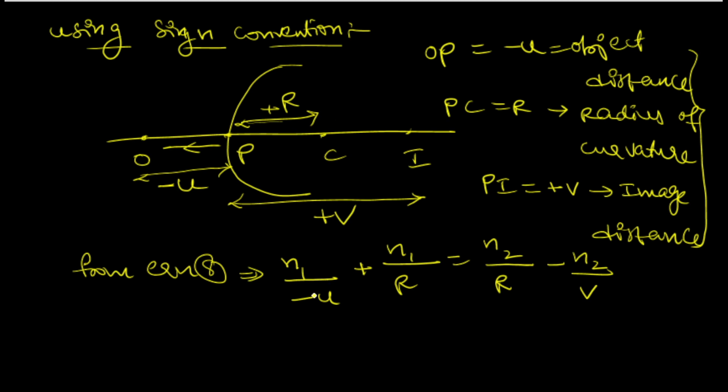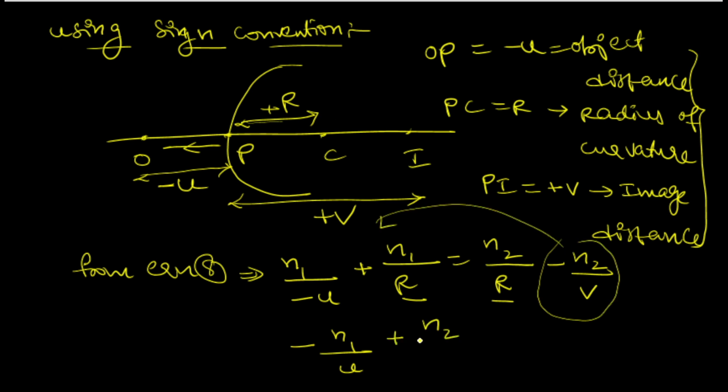Now what I am doing is just bringing the common terms to one side. I am taking n1 by minus u, and I am bringing this minus n2 by v towards the left hand side, therefore it becomes plus n2 by v.